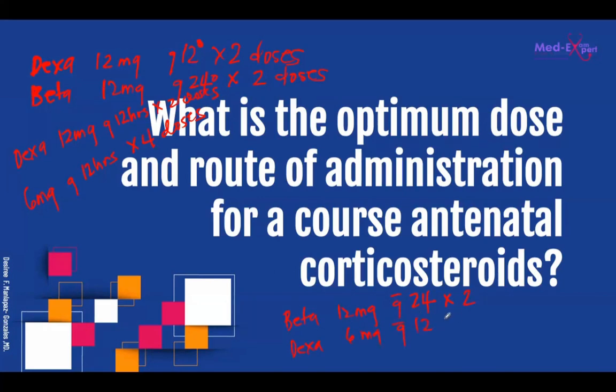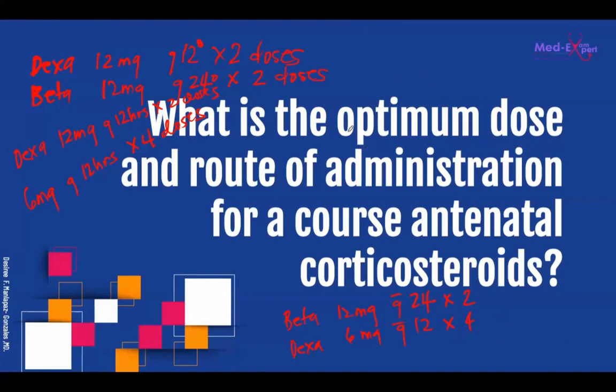And if needed, betamethasone 12 mg intramuscular, 2 doses in 12 hours can be administered.